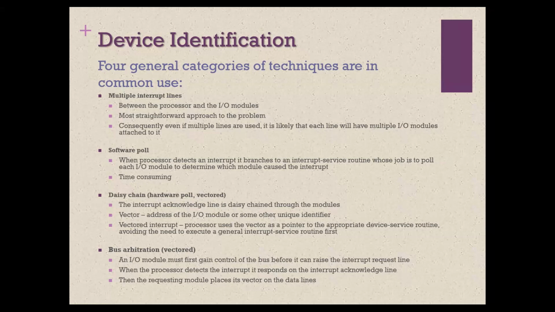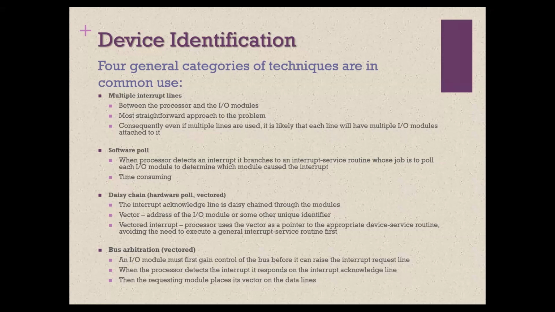The resulting effect would be that even if multiple lines are used, it is likely that each line would have multiple IO modules attached to it. And therefore, one of the other three techniques that we have mentioned will probably resolve the issue.